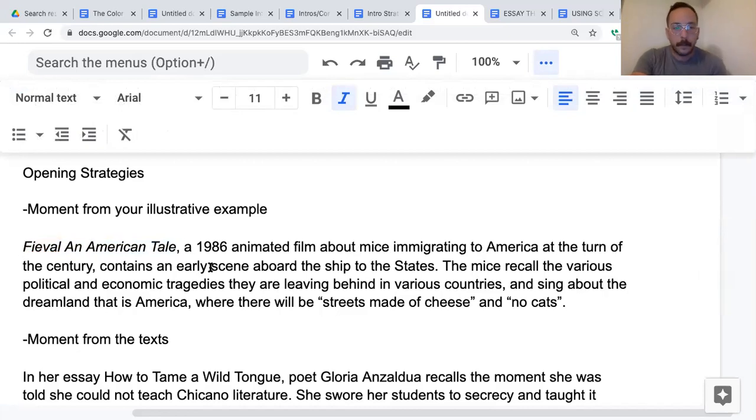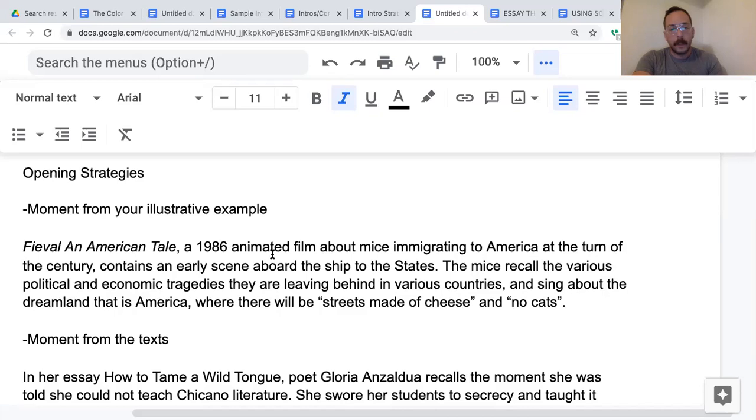Fievel, An American Tail is a 1986 animated film about mice immigrating to America at the turn of the century, and it contains an early scene aboard the ship to the States. The mice recall the various political and economic tragedies they are leaving behind in various countries and sing about the dreamland that is America, where there will be streets made of cheese and no cats.